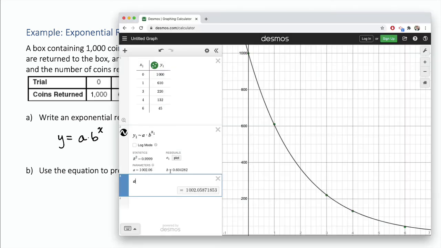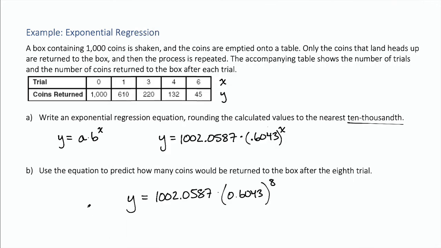A and b are already stored, so I can do a times b to the 8, and that will do that for me. To be accurate, we're talking about number of coins here, and it doesn't make sense to return 17.8 coins to the box. So we want to round this to the nearest whole number. That'd be about 18 coins.